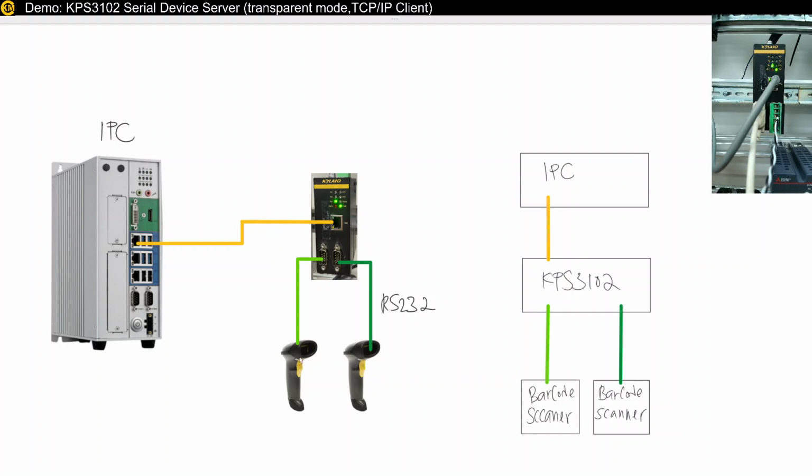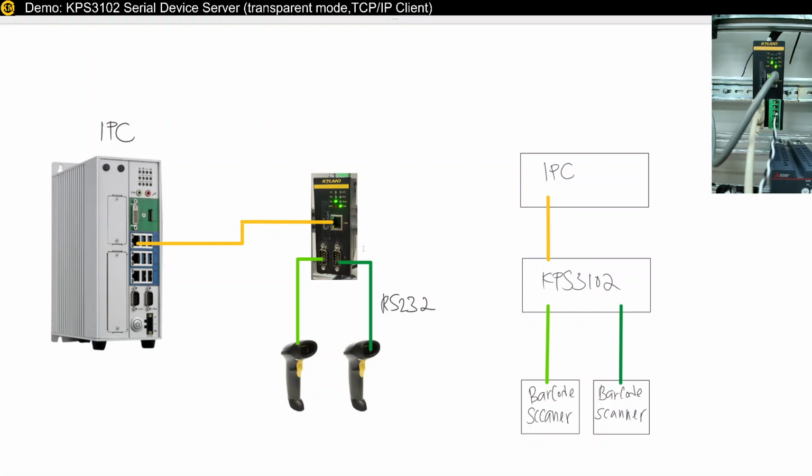Let me take this as a scenario where we have a serial communication device, for example a barcode scanner. You may want to connect it directly to the IPC, but sometimes it's too far away, so we need the KPS3102 there to get a longer distance.